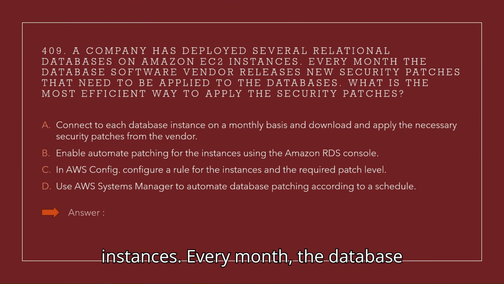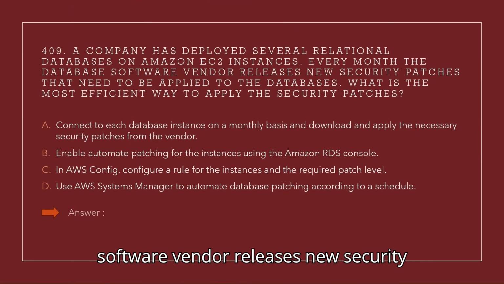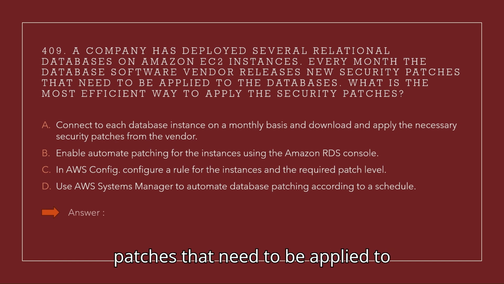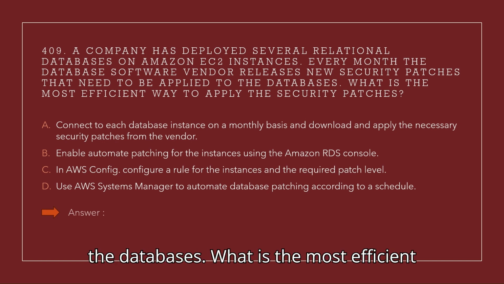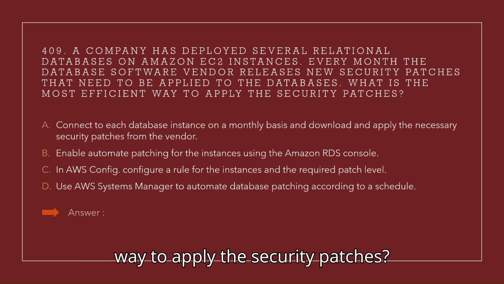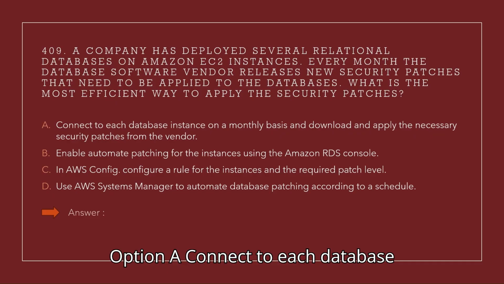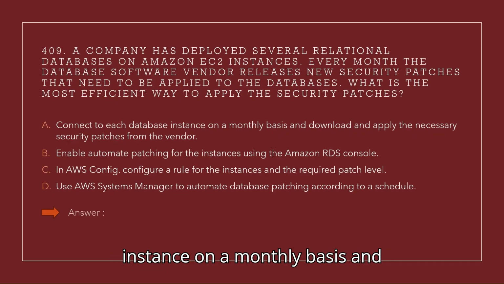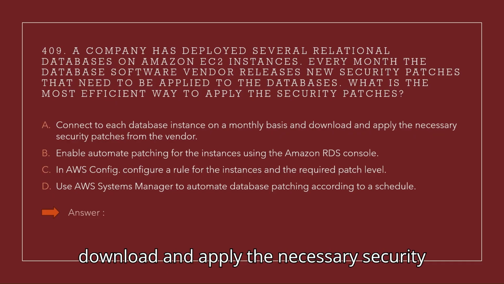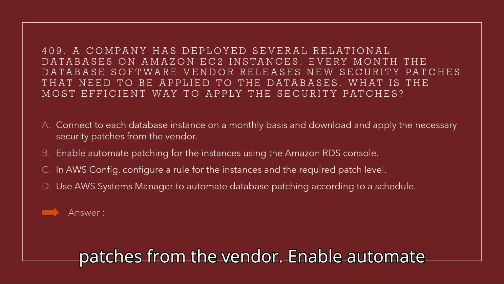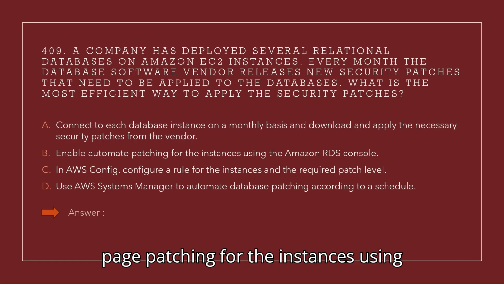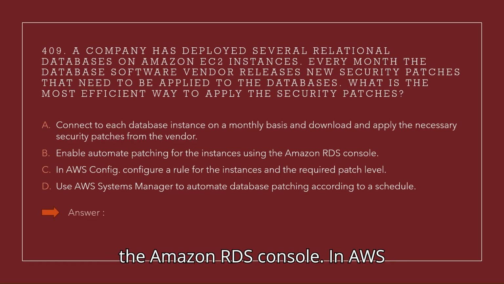All right. A company has deployed several relational databases on Amazon EC2 instances. Every month, the database software vendor releases new security patches that need to be applied to the databases. What is the most efficient way to apply the security patches? Option A, connect to each database instance on a monthly basis and download and apply the necessary security patches from the vendor.